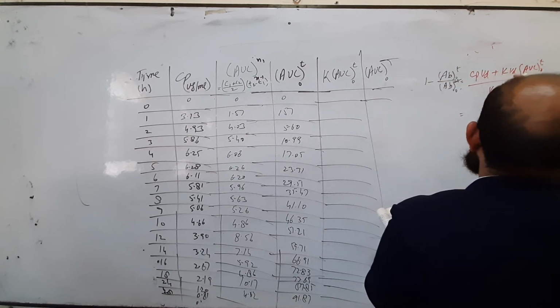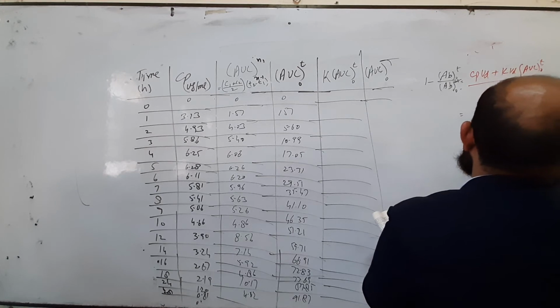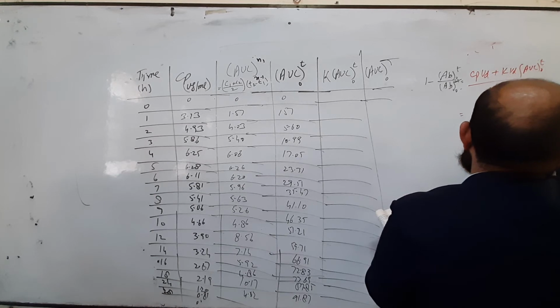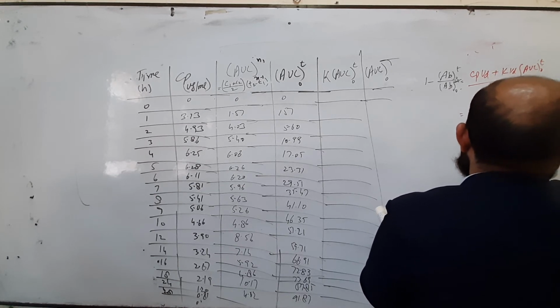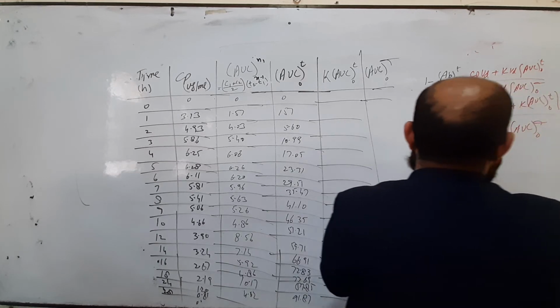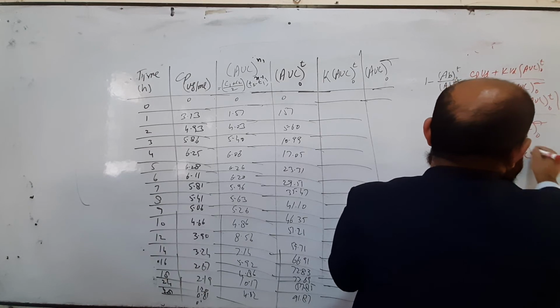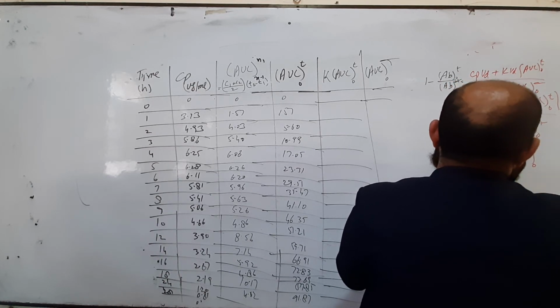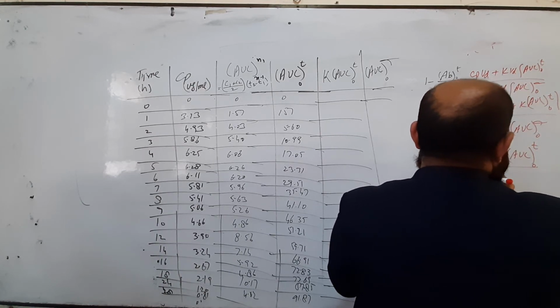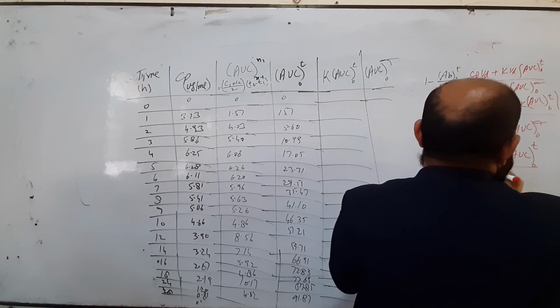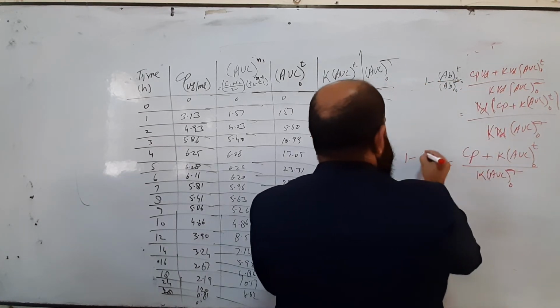When we take the common Vd, that is Cp plus K into AUC 0 to T divided by K Vd AUC 0 to infinity. Vd will be cancelled, and the formula is Cp plus K into AUC 0 to T divided by K into AUC 0 to infinity. I have made it simple.